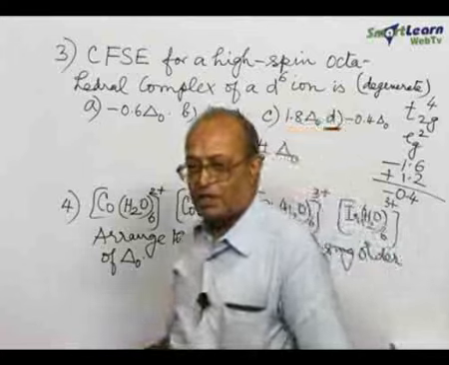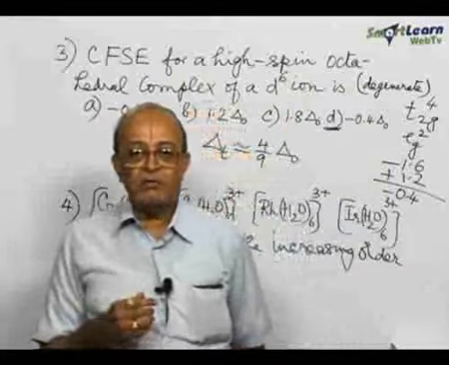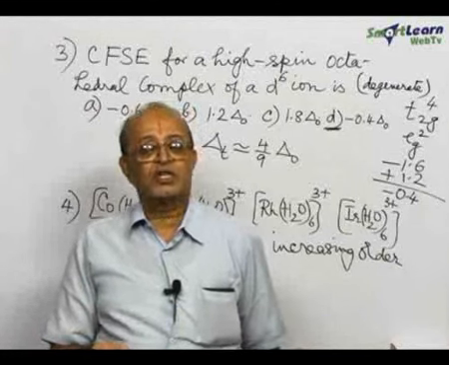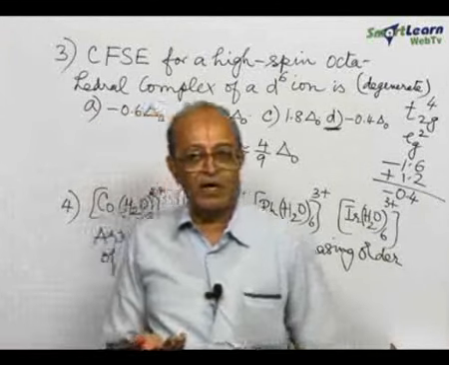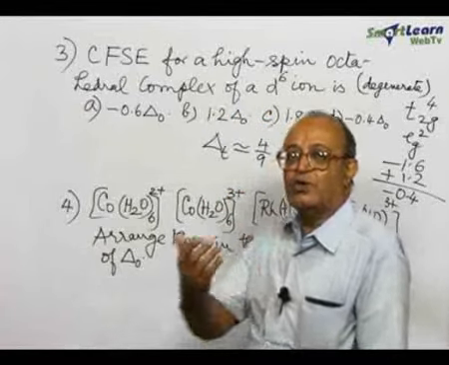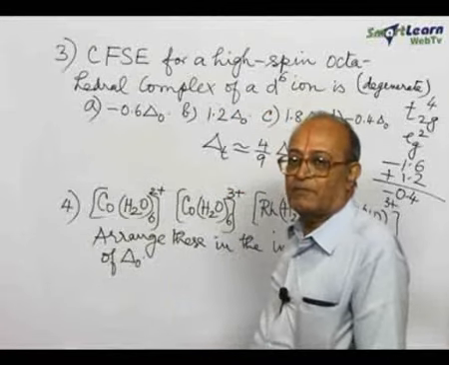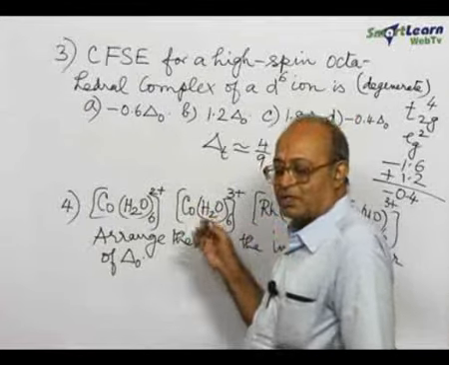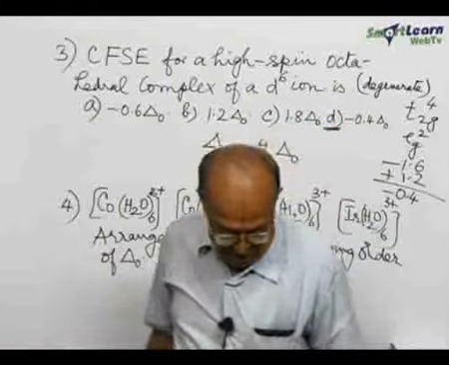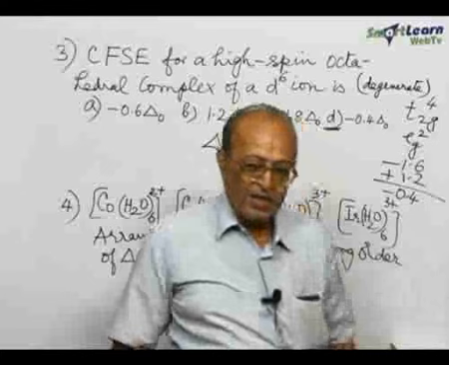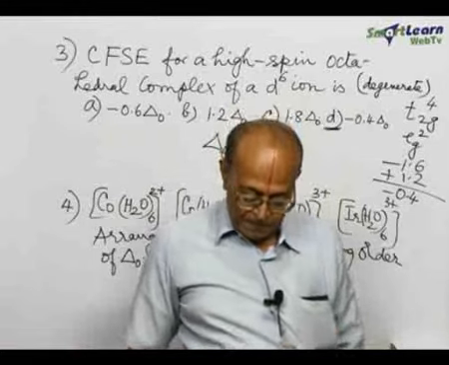But the question is, either you change the ligand or you change the central metal ion, as the case may be, delta O, its magnitude, will also change. Now here 2 cobalt complexes and 1 rhodium and another iridium.